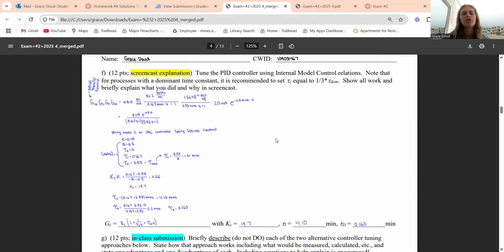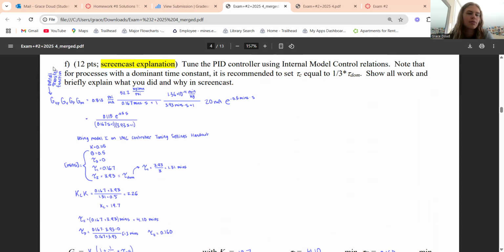F was tuning a controller. We set tau C equal to 1/3 tau dominant, which is going to be the bigger tau. In this case, it was 3.93. Basically, this is a lot like practice quiz 7 again. So we start with our overall transfer function for the system. Here, we multiply it all out and we get it into this form.